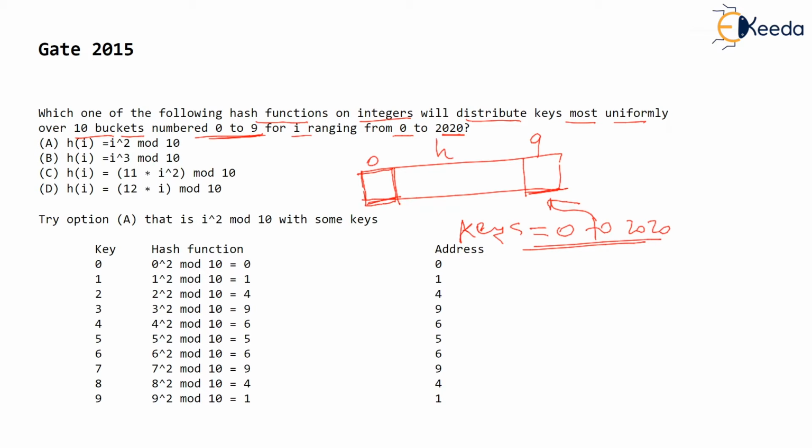But hello, the hash table is not having enough space. It's having only 10 elements. So actually, we have to assume that we are using the chaining method, isn't it? Yes. And the chaining method can very well store these so many keys 0 to 2020 in the form of a linked list. Okay. So that's the question.